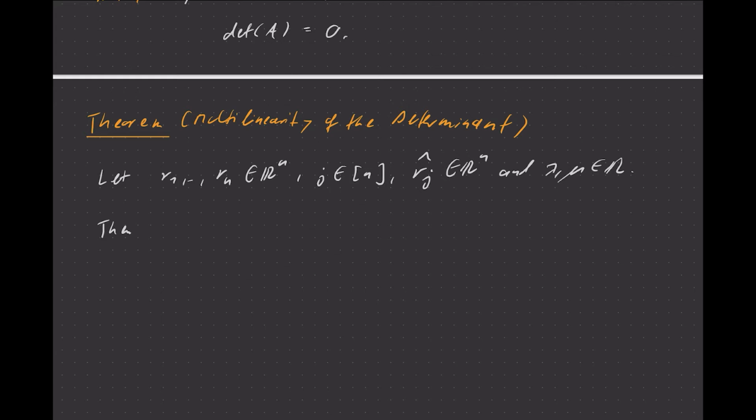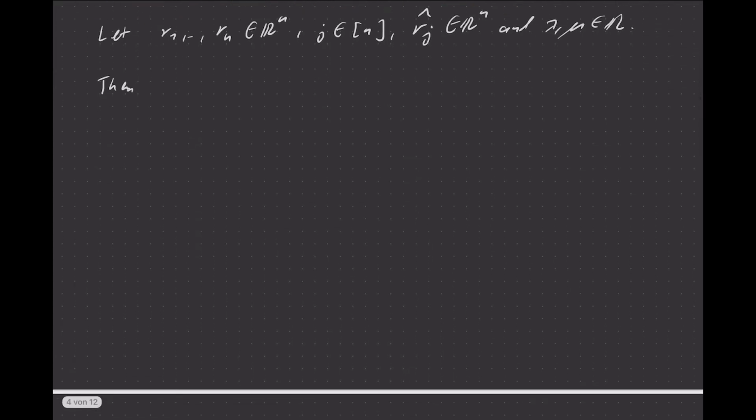Then we look at the determinant of a certain matrix, namely the matrix spanned by those R's. So let's say we treat those as row vectors of a matrix that contains R1 transposed as its first row, then R2 transposed as the second, and so on. At some point we have Rj-1 transposed.